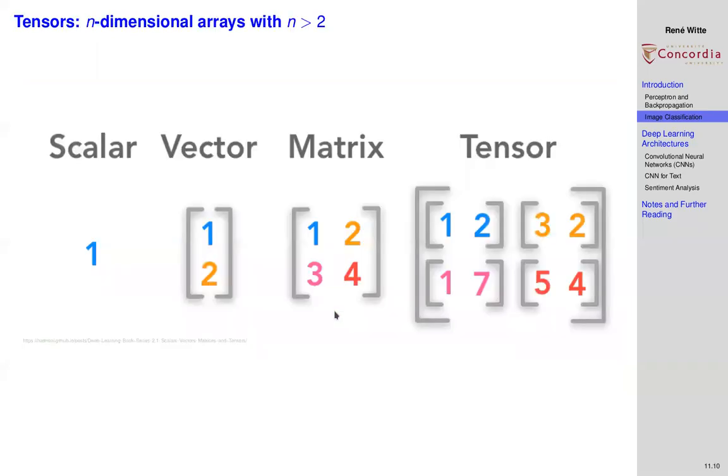Now you've heard of TensorFlow, and you might wonder, what is a tensor exactly? Well, this is just an n-dimensional array where n is bigger than 2. A scalar is essentially a single value. We've worked with vectors a lot, so 1-dimensional sets of values. You know what a matrix is, so this is a multi-dimensional array, and then a tensor is an n-dimensional array where n is bigger than 2.